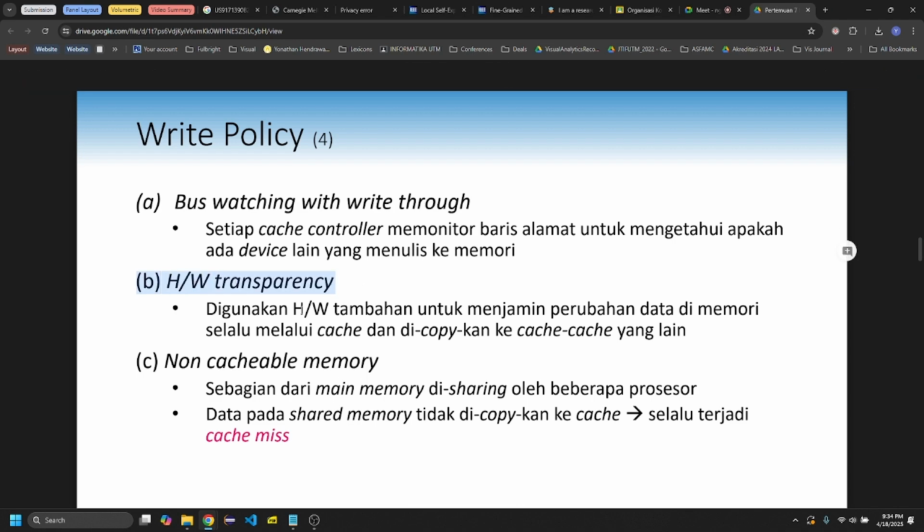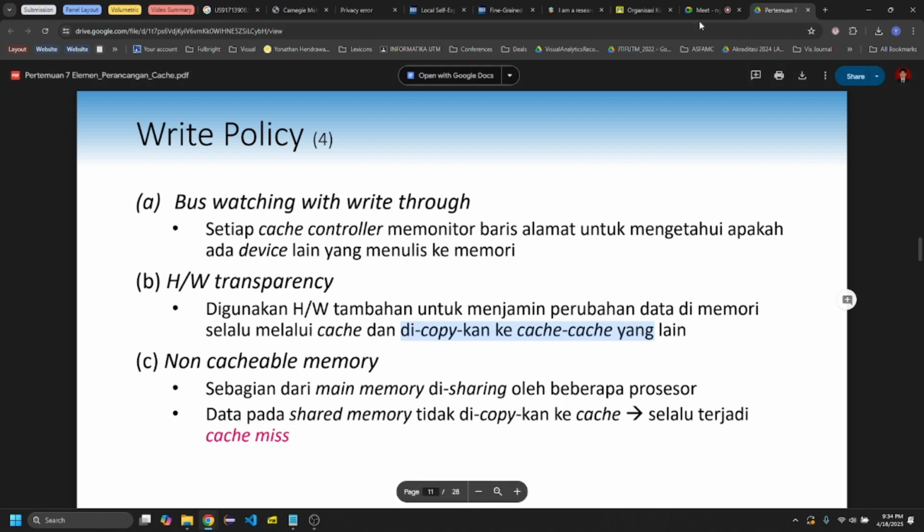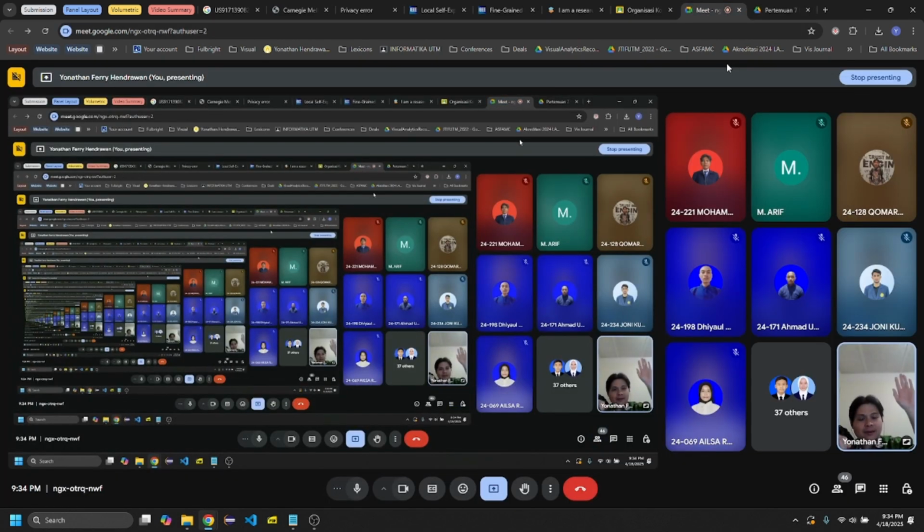And then the second solution, hardware transparency. We use additional hardware to make sure that any data changes happening in the memory always happen through the cache, and then it will be copied into the other caches. Means a device cannot write in the main memory.